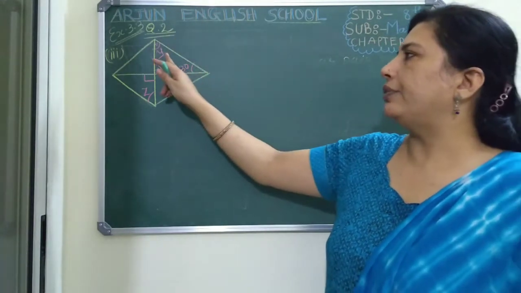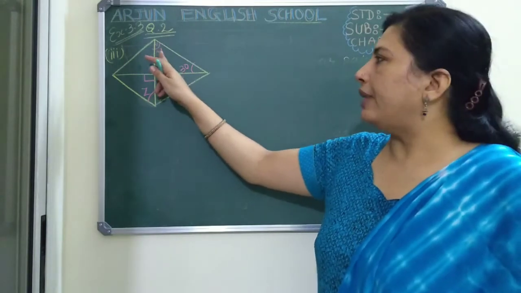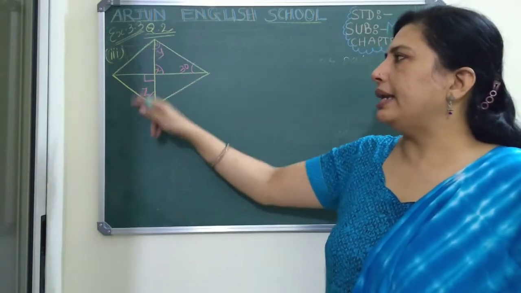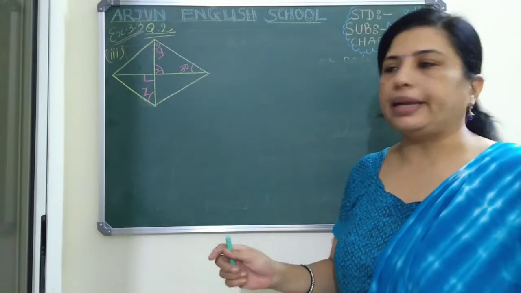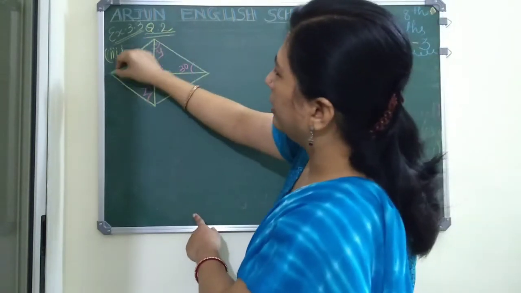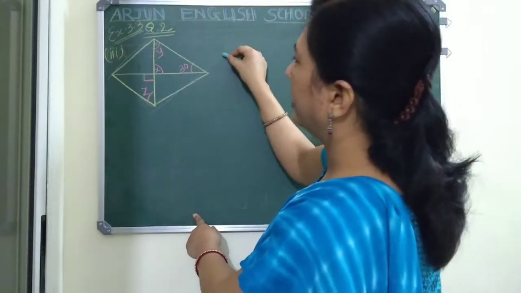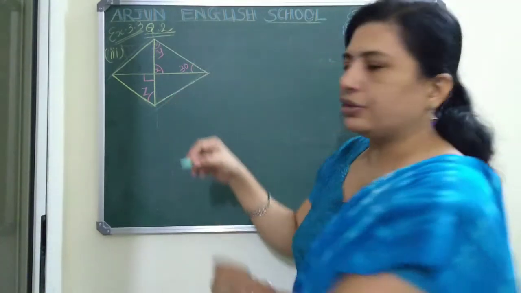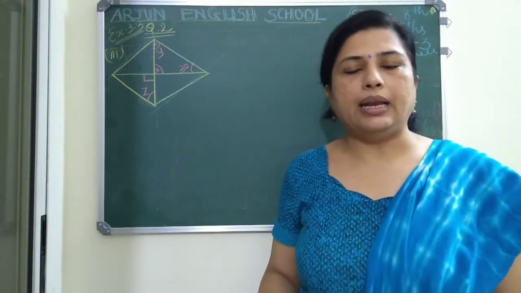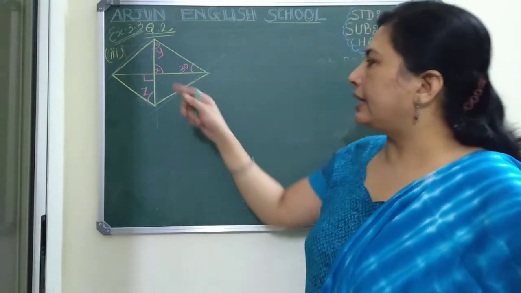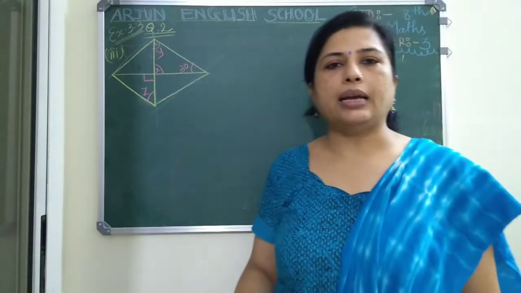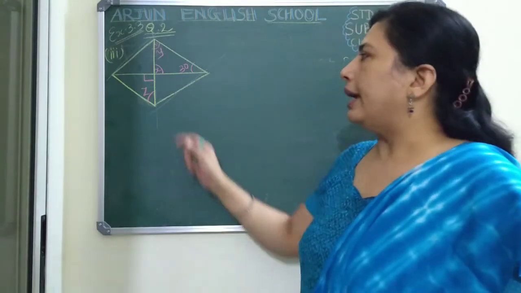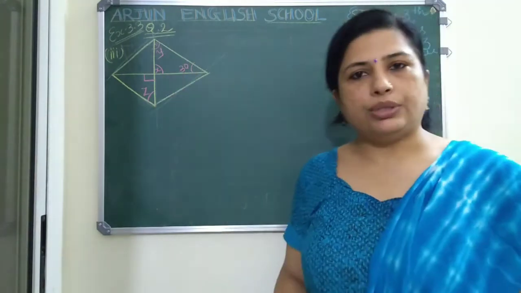This way we can find Y. And Y and Z are alternate angles. You can see that these two lines are parallel and this line is a transversal of these parallel lines. So we can say that Z and Y are alternate angles, and so Y is equal to Z.